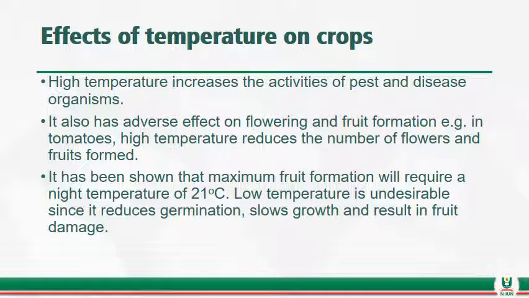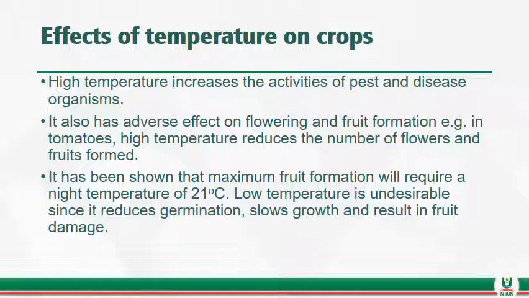We also have effects of temperature increases. High temperature actually causes an increase in the activities of pests and diseases. So the plants are more susceptible to pests and diseases when the temperature is high, and this is an adverse effect also. It also has an adverse effect on the fruiting and flowering of the plants.